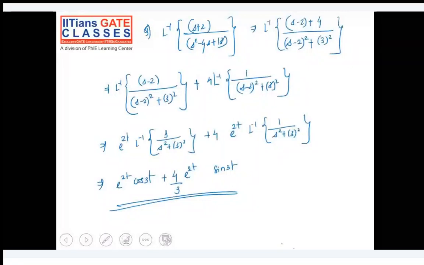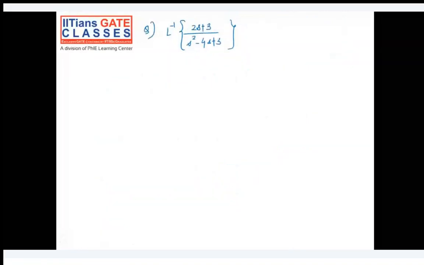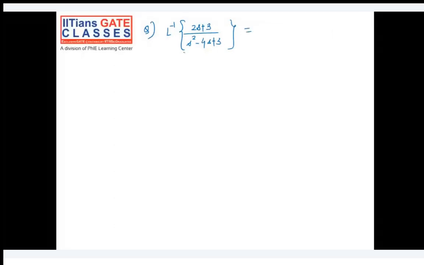Whichever you feel easy, you can. So in this case, 2s, we have 2 in multiplication. So it's generally not that easy to do the basic adjustment. So in this case, you can go for the partial fraction because the denominator is straightforward.